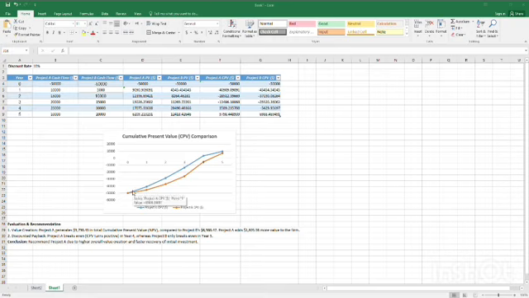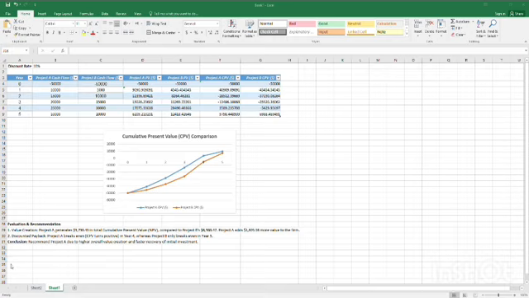Finally, requirement 4, recommending the better project. Based on our cumulative present value analysis, Project A is clearly better than Project B, and I recommend accepting Project A for 2 major financial reasons. Number 1 is higher net value creation.